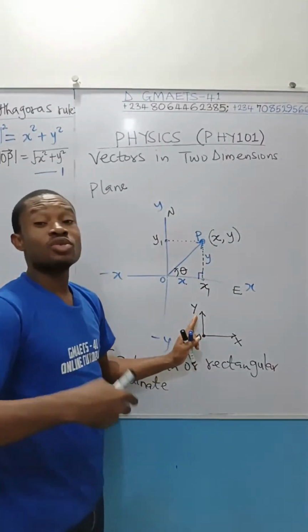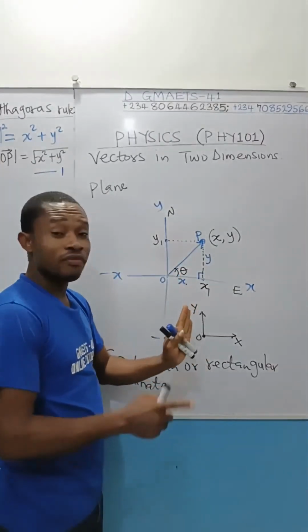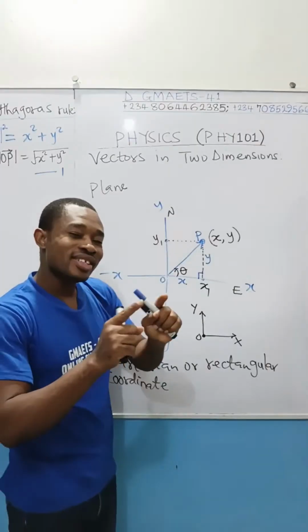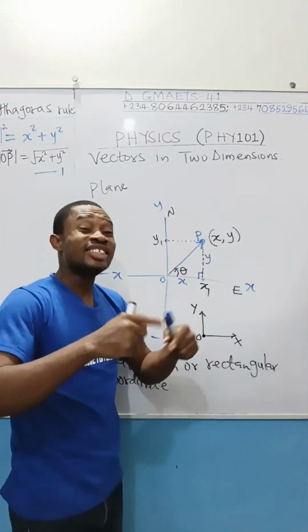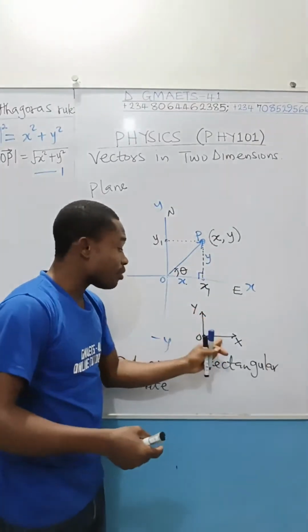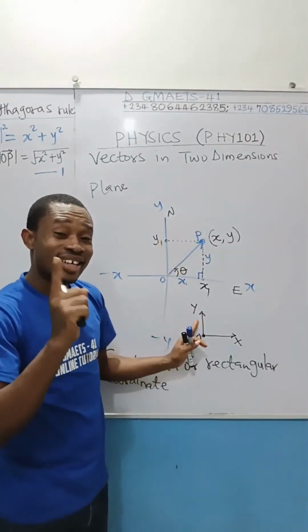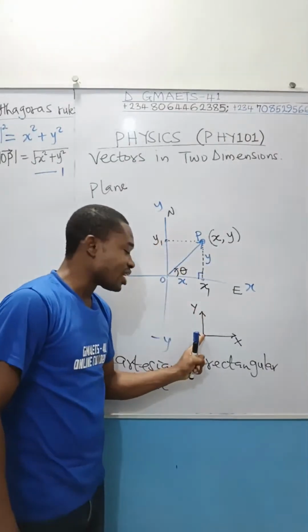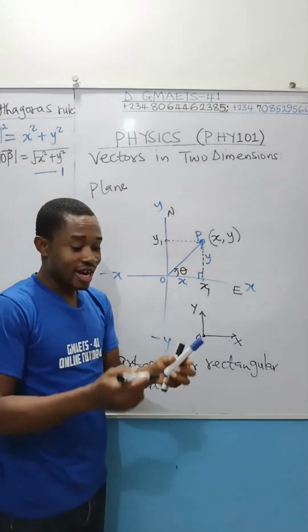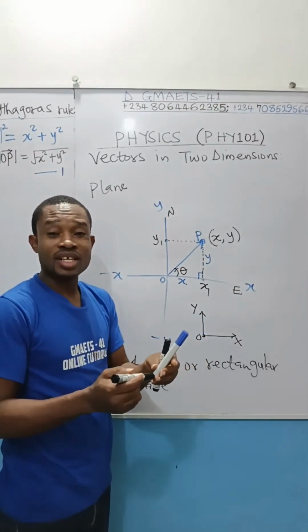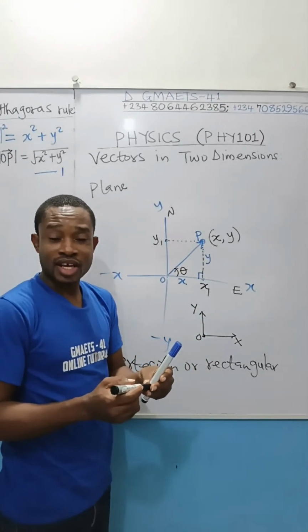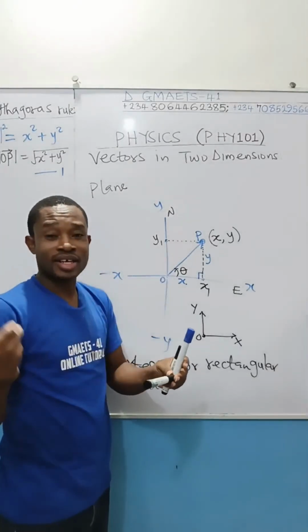These vectors are in two dimensions. Both of them are moving in different directions, but they meet at a point, having an angle. That is how we say they are vectors in two dimensions. They have two planes, one is the Y and the other is the X.